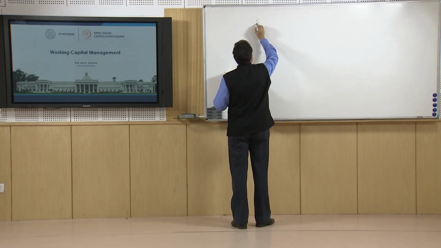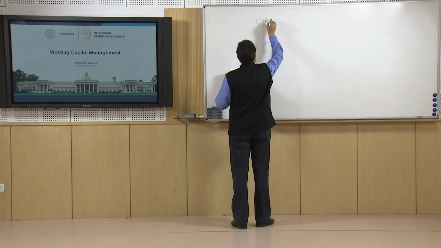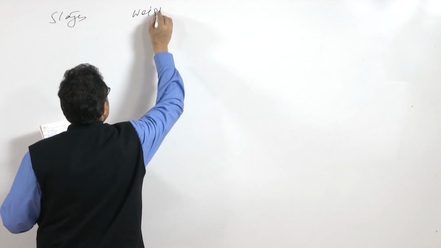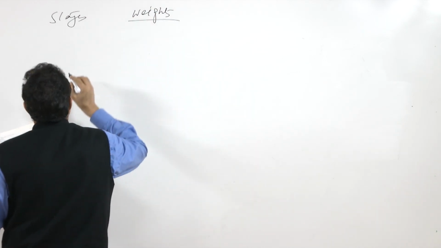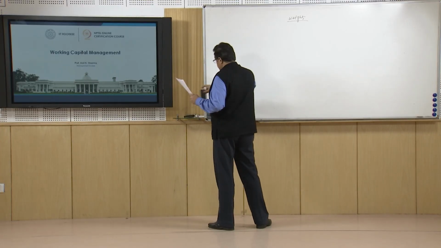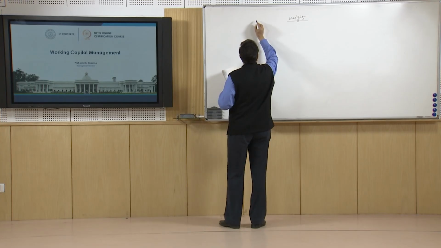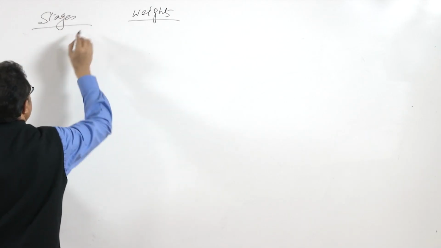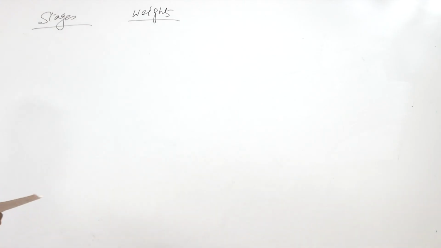Here we write the stages, and then we write the weights. These are the stages and these are the weights. We will learn how to calculate the weights at different stages.